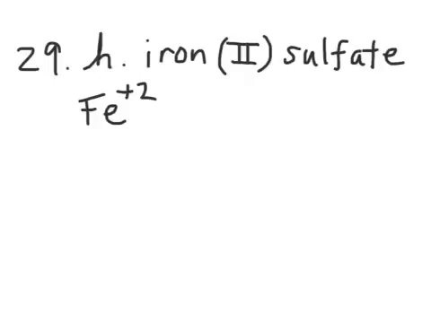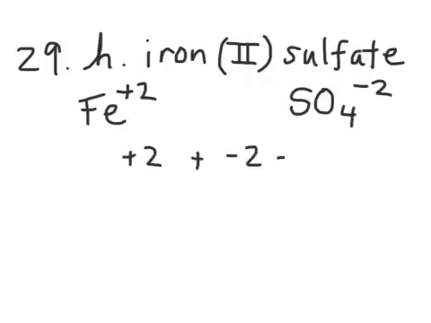Sulfate, look it up on page 100. I'll wait. Raise your hand for points. Good. Easy one. +2 cancels out a -2. +2 and -2 equals 0. So it's just one of each. FeSO4.